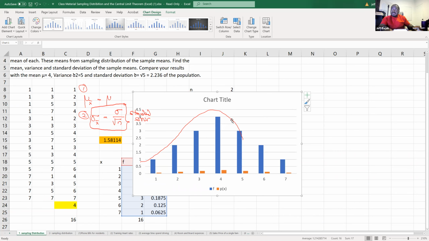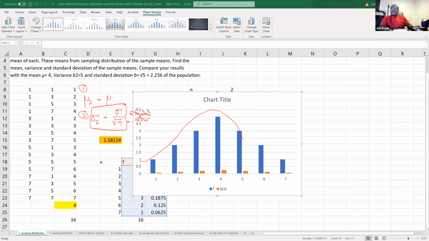Remember, we said that for a normal distribution, it has to be symmetric. So if we look at this last one, this one and this one, you can see that it's symmetric about the mean. And so what we have here is a clear example of normal distribution.